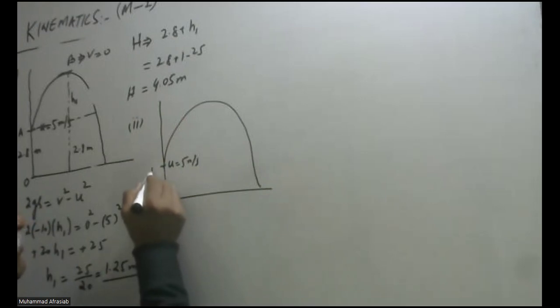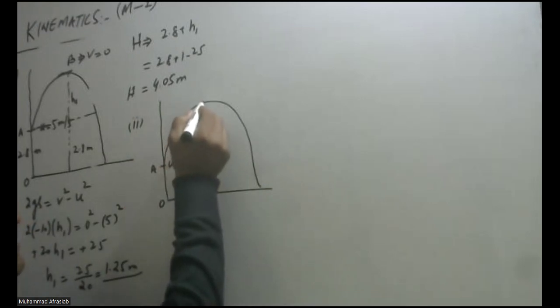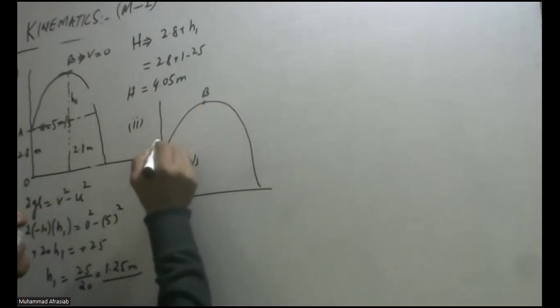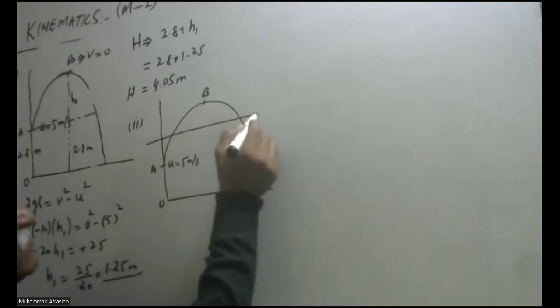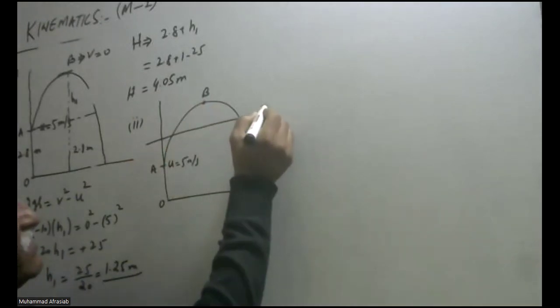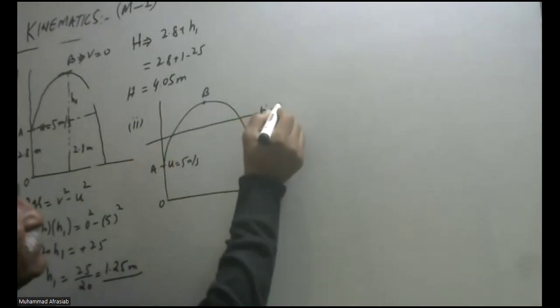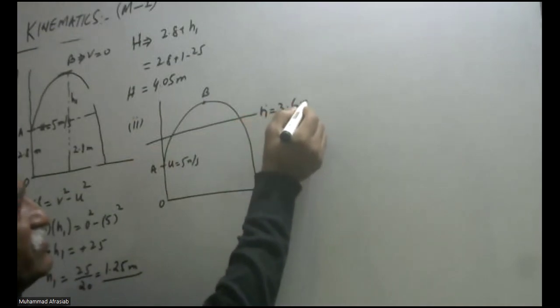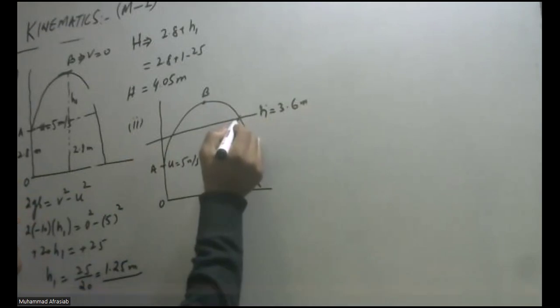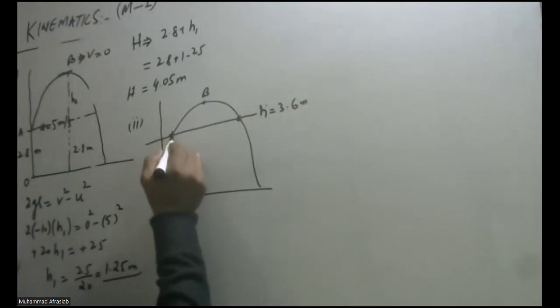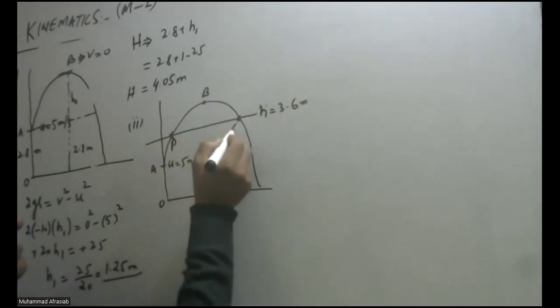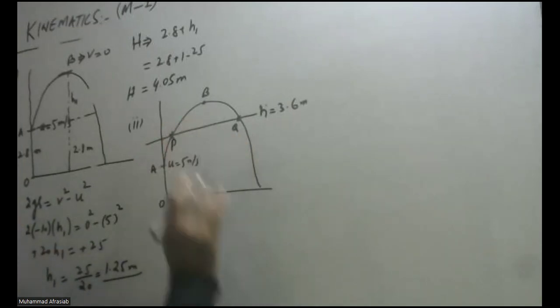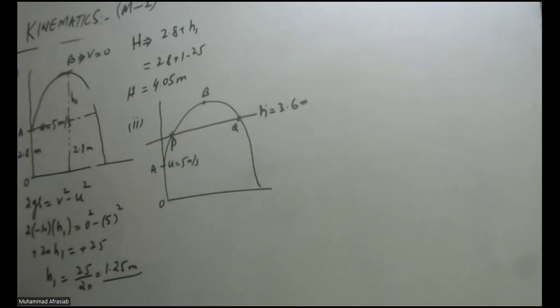Let's say that is O, that is A, and that is B, and that is, let's say, at a height of 3.6 meters above the ground. So we have to take the time from this position P to this Q. The difference of these two times will be the total time the particle is above 3.6 meters.